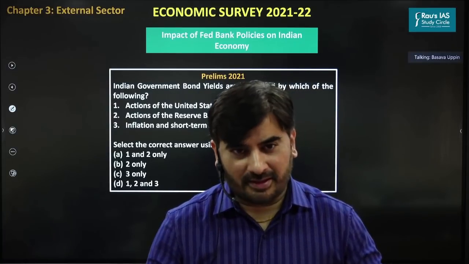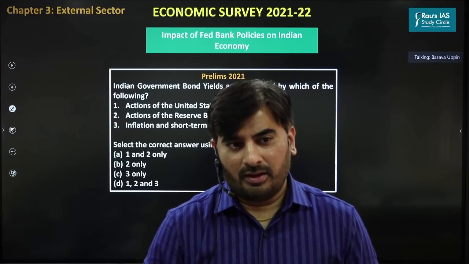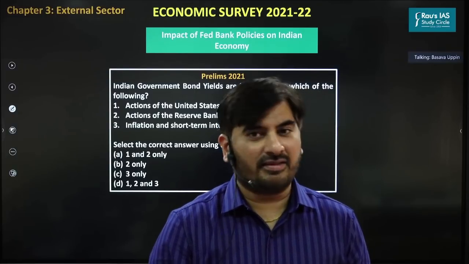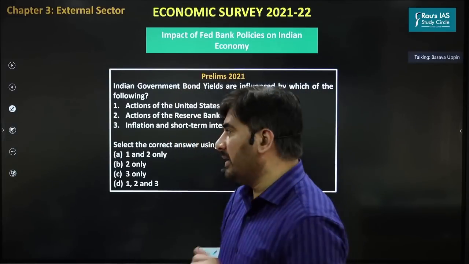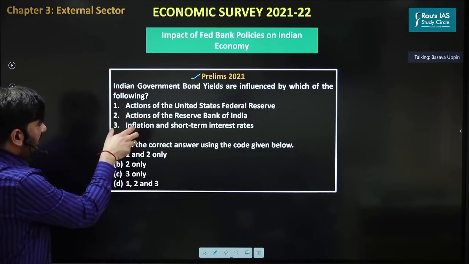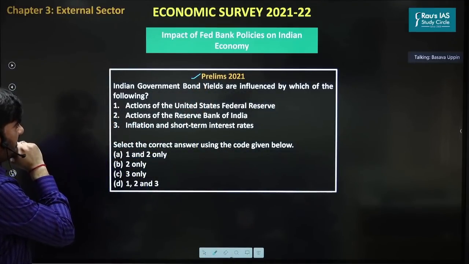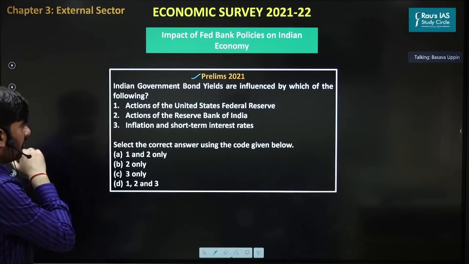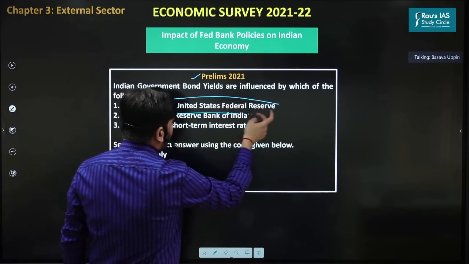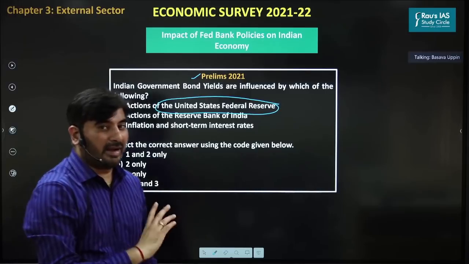But before that, why is this topic important for your prelims examination? As you can see in prelims 2021, we had this question: Indian government bond yields are affected by which among the following? And one option was actions of the United States Federal Reserve, Fed Bank.